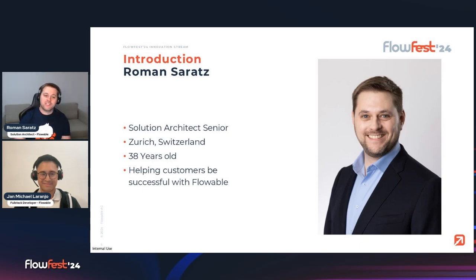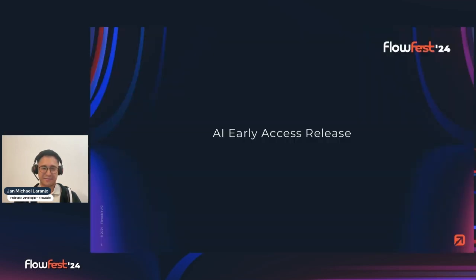I'm a solution architect with Flowable. I also live in Zurich like Jan. I've been with Flowable for almost 5 years now. Time flies fast. I'm 38 years old, and I'm helping our customers be successful with Flowable. That's my main role as a solution architect. So, Jan, continue, please. Thank you, Roman.